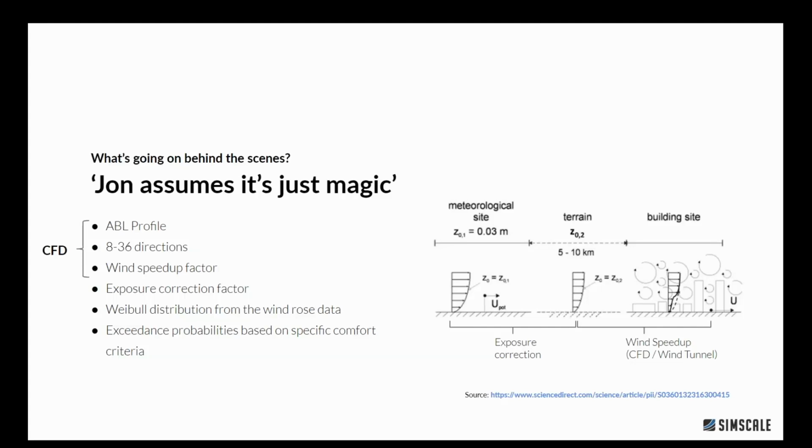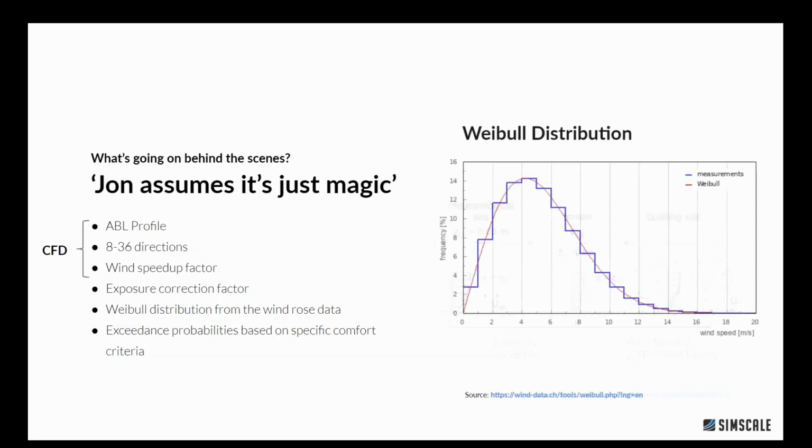And what we're usually using for this kind of data, for wind data, is the Weibull distribution, as it usually matches quite well the observed wind data distributions that we see in reality.